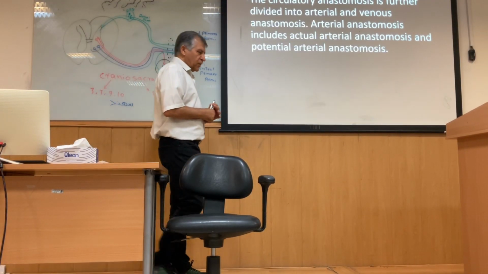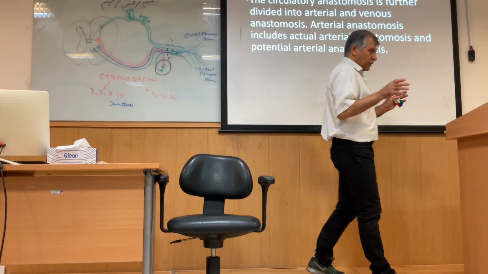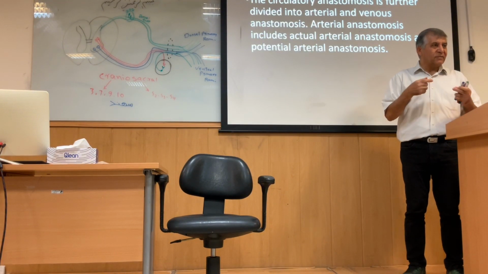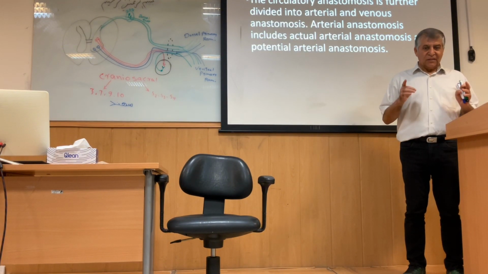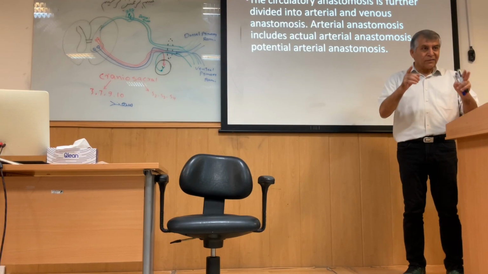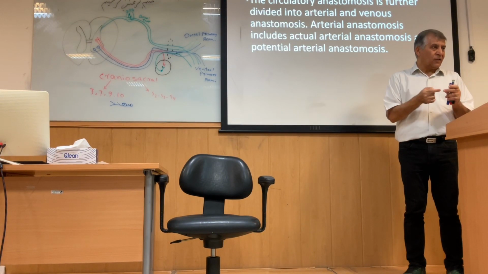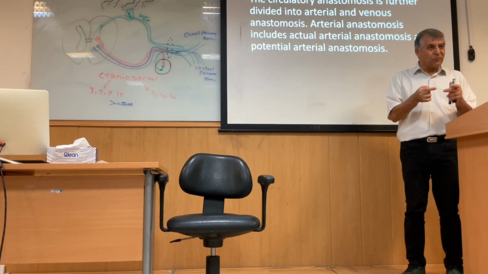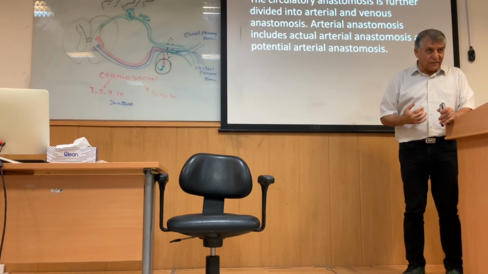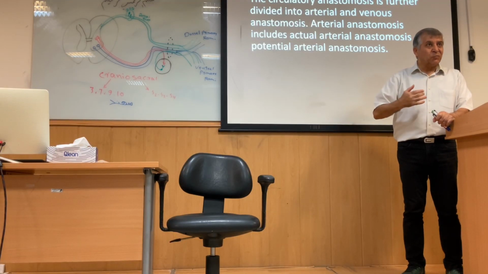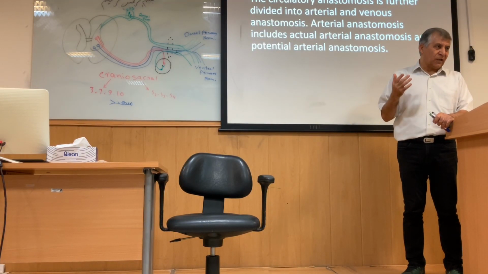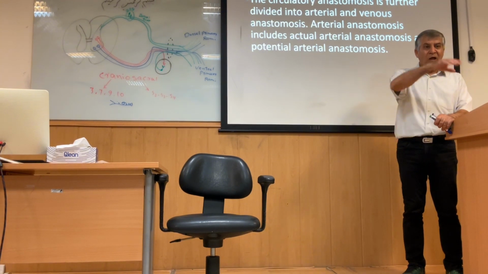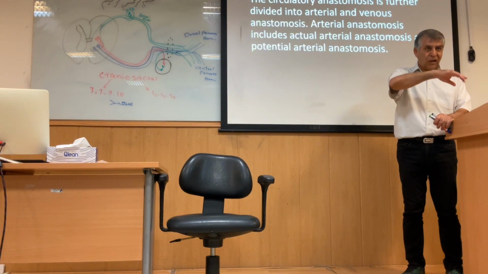Anastomosis. When two tubes connect together, it is called anastomosis. When the tube is an artery, it is called arterial anastomosis. When the tube is a vein, it is called venous anastomosis. For us, arterial anastomosis is very important. For example, all of you are sitting.